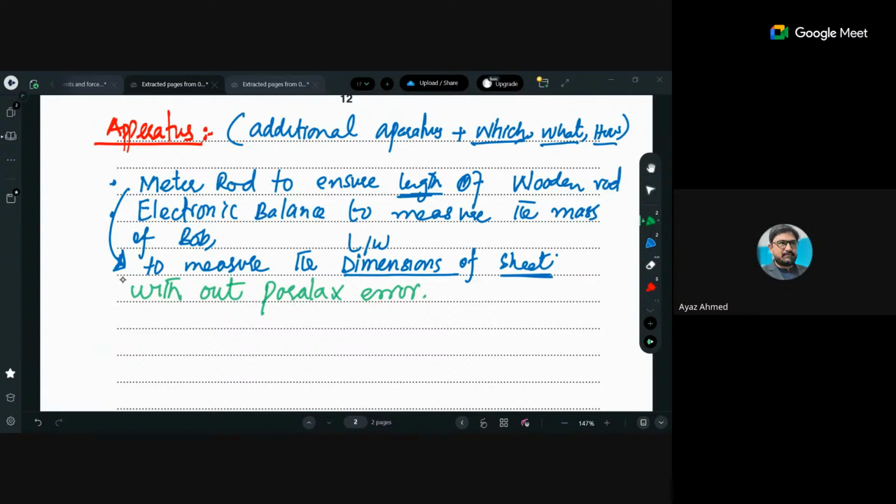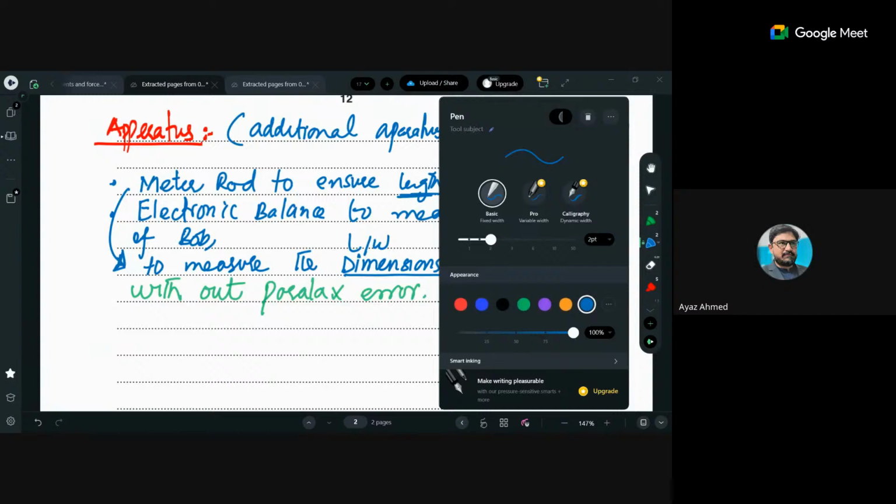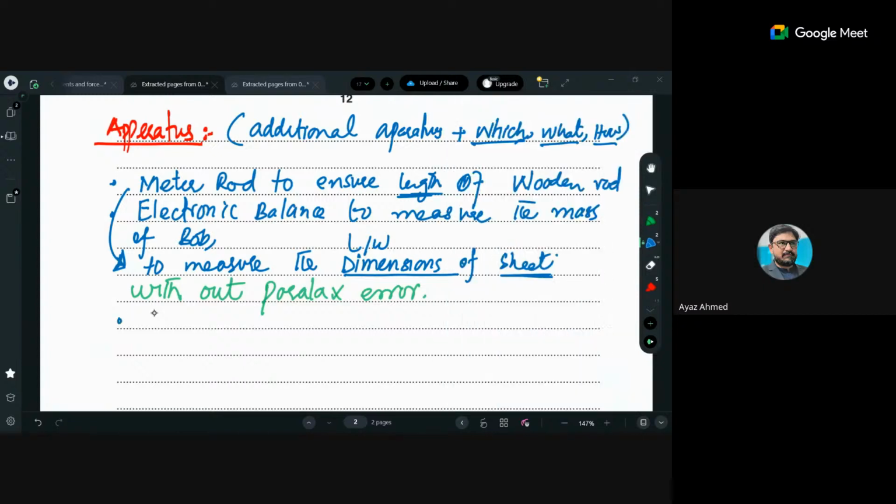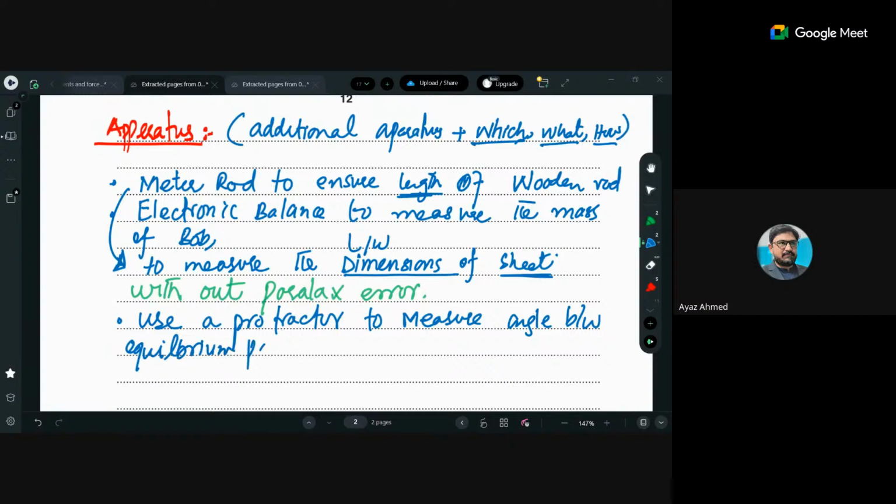Now there is another set of operators. If you remember, if I'm considering the angle of measurement, then use a protractor to measure the angle between the equilibrium position of rod to the leaving position of rod, the releasing position of rod.